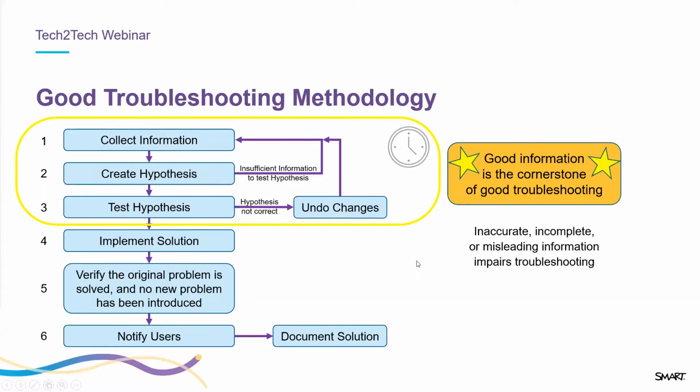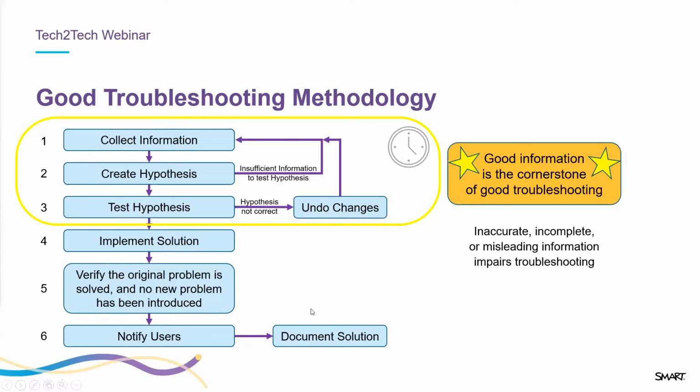Because good information is the first step in that entirely iterative process, it is the cornerstone of good troubleshooting. Inaccurate information, incomplete information, misleading information, all of those will impair troubleshooting because they will result in generating incorrect hypotheses that prove to not correct the problem.